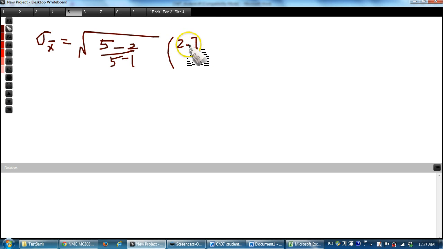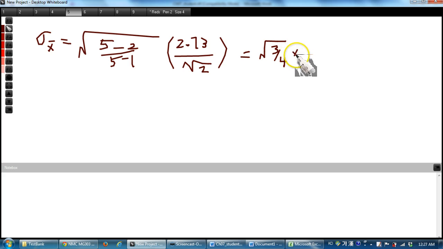This is 2.73, and then divide by root, in this case 2. Then come up with the likely 3 over 4 and multiply by that one.